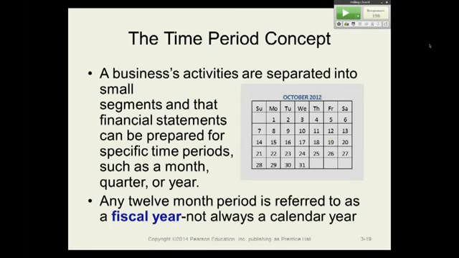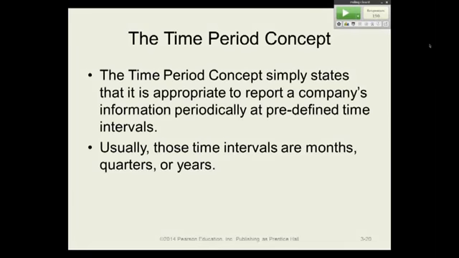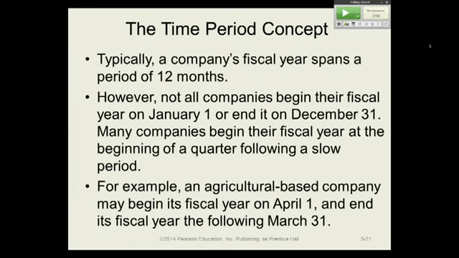The next couple of slides basically tell you, and this is pretty simple, that not all companies have a 12-month year. A lot of companies' fiscal year does not end on December 31st. Rutgers' year end, I think, is June 30th, so the Rutgers fiscal year begins on July 1st. You don't have to have a year end on December 31st.